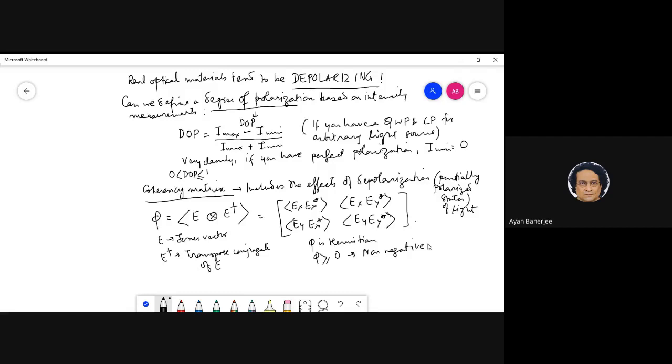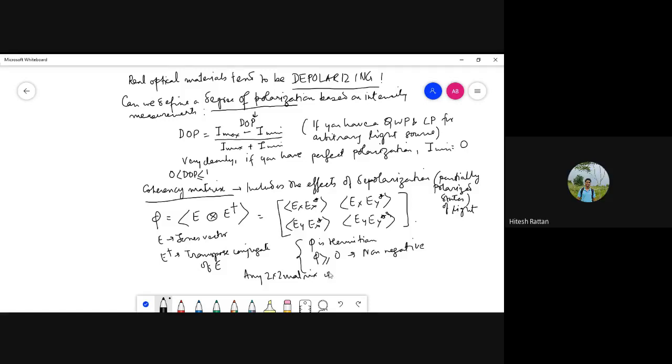So any 2 by 2 matrix which obeys these two conditions can actually describe a physically realizable polarization state. Very important.